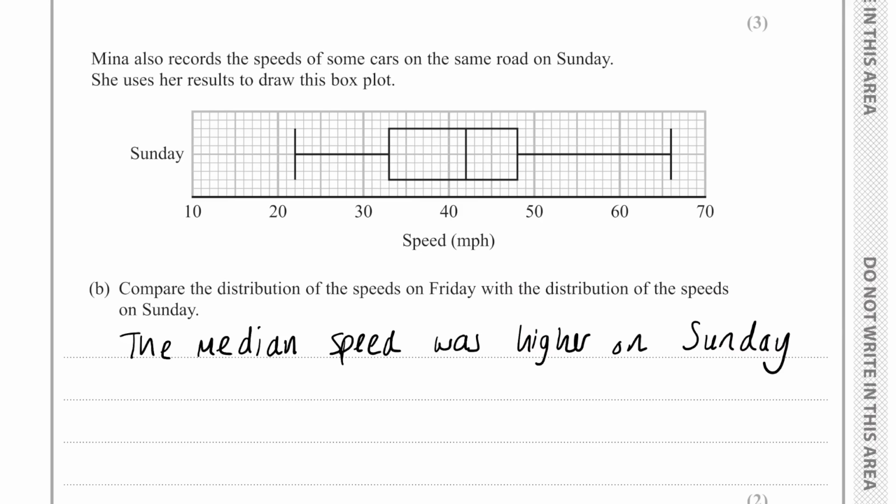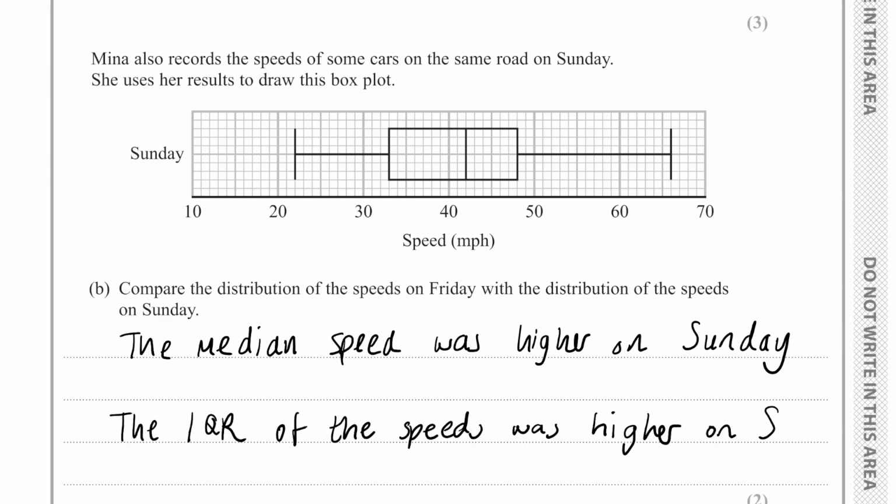So the interquartile range of the speeds was greater on Sunday too. The speeds were more spread out. There was a greater range of speeds on Sunday.